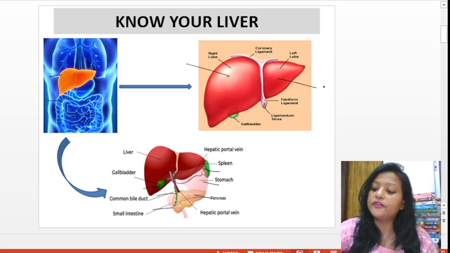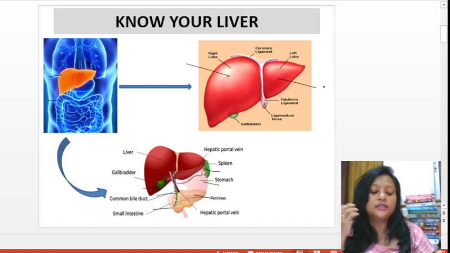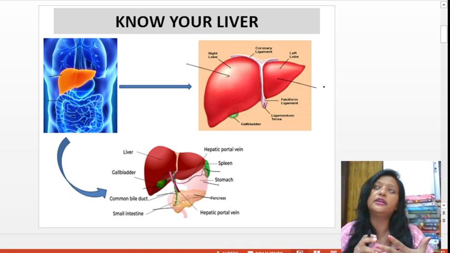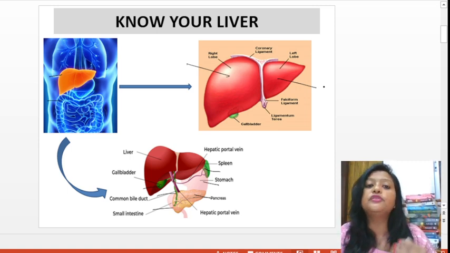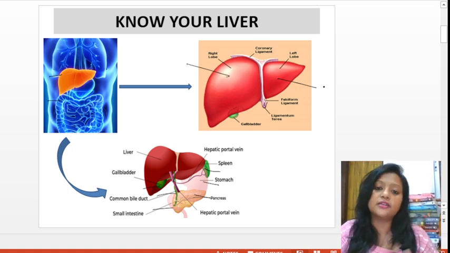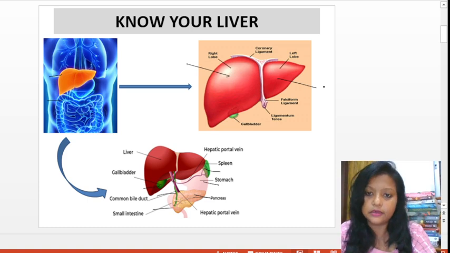This liver is the only organ in our body which can regenerate itself. It can replace the dead and old tissues, repair them, and regenerate itself. So remember that. Therefore, liver is very, very important. We should take measures to protect our liver. I'll talk to you about it in my future slides.